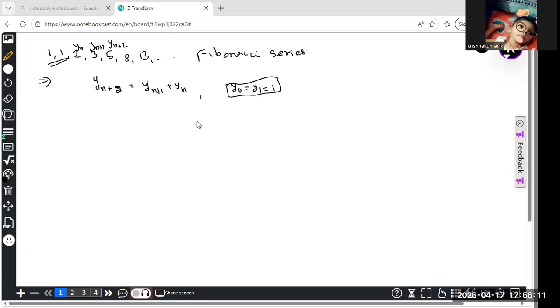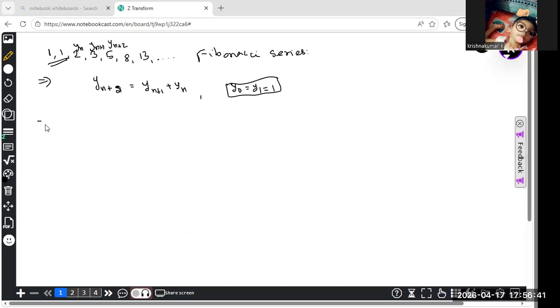The procedure is: first you apply the transform on both sides, then after simplification of all these expressions, take the inverse Z transform, then you can get the solution of this type of problem. So first apply the Z transform to this equation, then take the inverse Z transform of the resultant expression. You can get the solution.